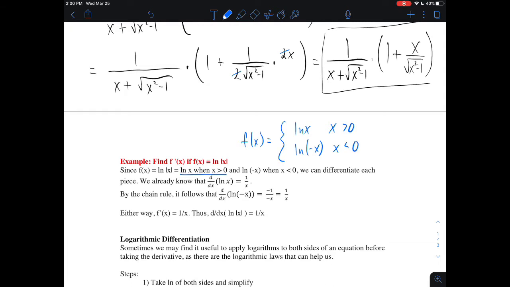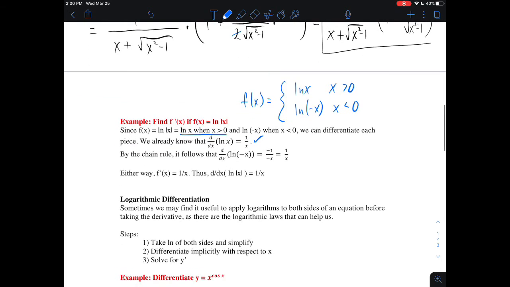So first of all, we already have that the derivative with respect to x of the first piece, natural log of x, is 1 over x. We already got that. By the chain rule, it follows that the derivative with respect to x of the natural log of negative x would be, first of all, 1 over negative x times the derivative of negative x, which is negative 1.